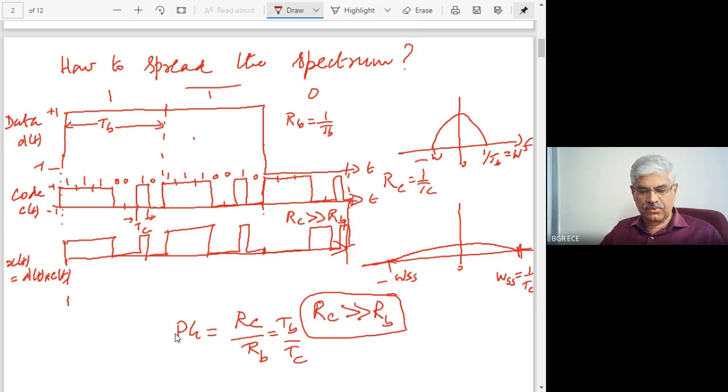So what we have tried to understand is spreading the spectrum. You have data, the corresponding spectrum is like this, and you should always remember that this is the energy in this spectrum; this area and that area will both be the same.